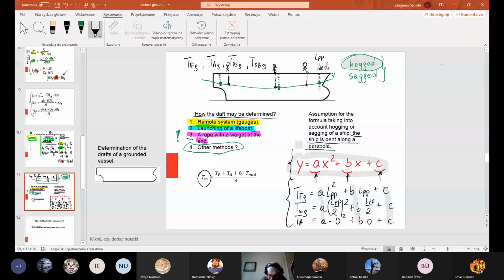If you have a parabola, you can then calculate the volume of displacement, assuming that we have a straight line connecting the aft and fore perpendiculars. The volume of our concern is the volume between the straight water line and this assumed parabola.